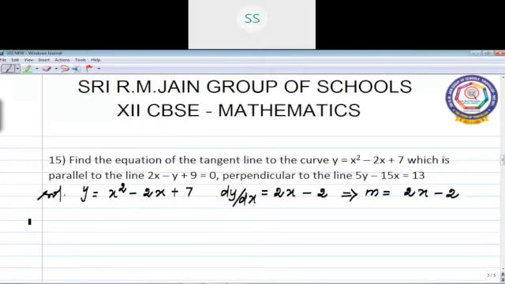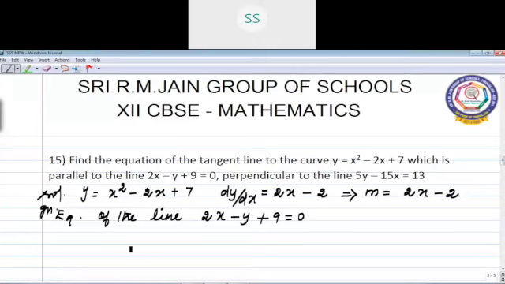Here what is given is the equation of the line. Given equation of the line: 2x minus y plus 9 equal to 0.